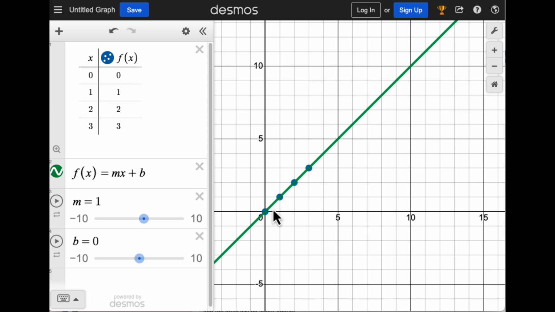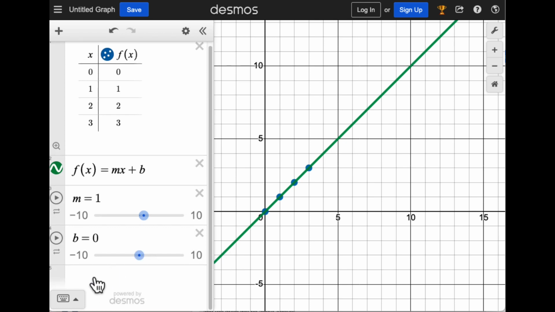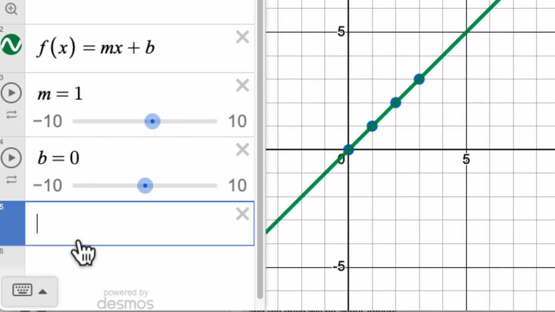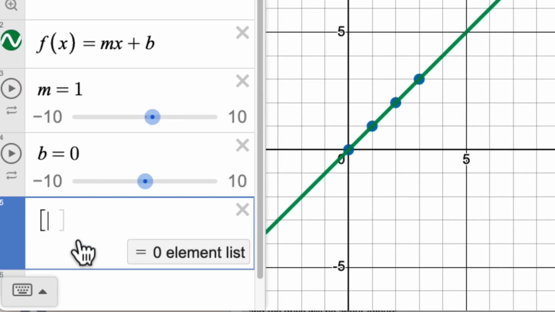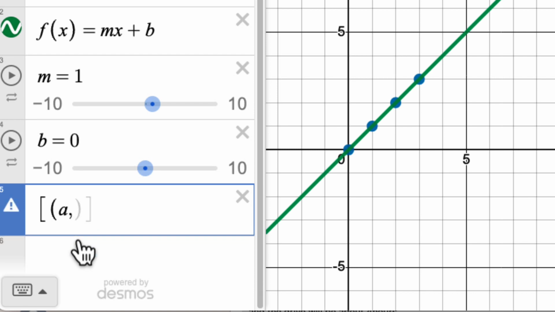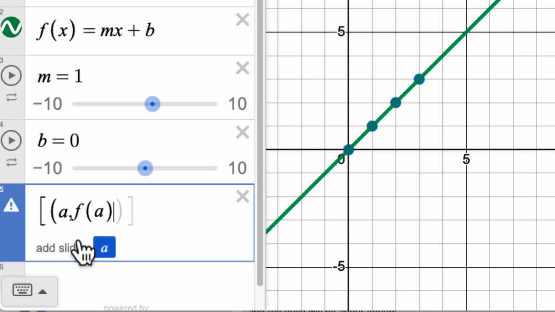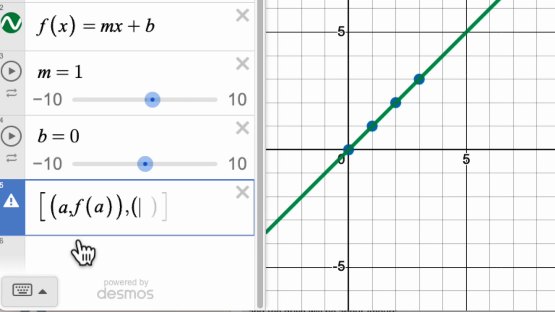We can use the distance formula to see how the distance between the points change as the slope changes. Start by inputting this set of coordinates as shown for x coordinates a and c. Input a and f of a, and c and f of c.